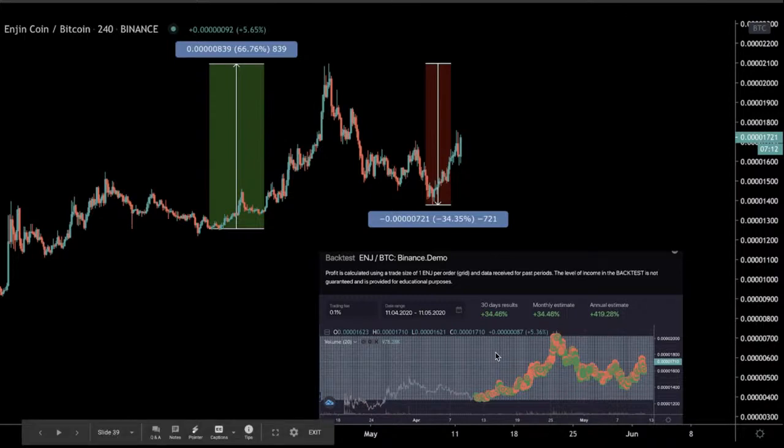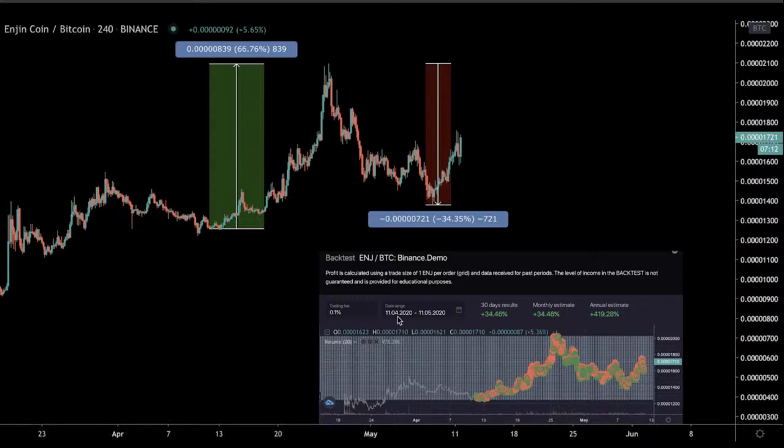Basically, what would be the profit generated by the bot if you had initiated it at that period of time? For 30 days, it would have accumulated plus 34%. In this case, the profit is in BTC, so that's plus 34% in BTC.